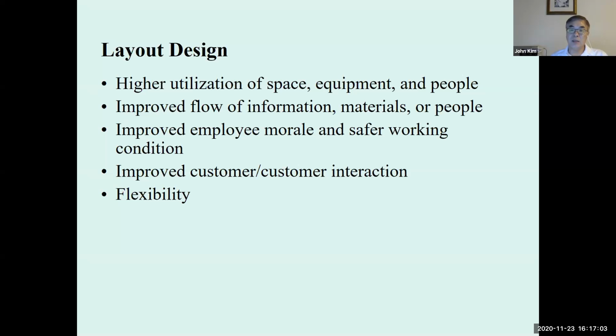When we design layout, we should consider utilization.